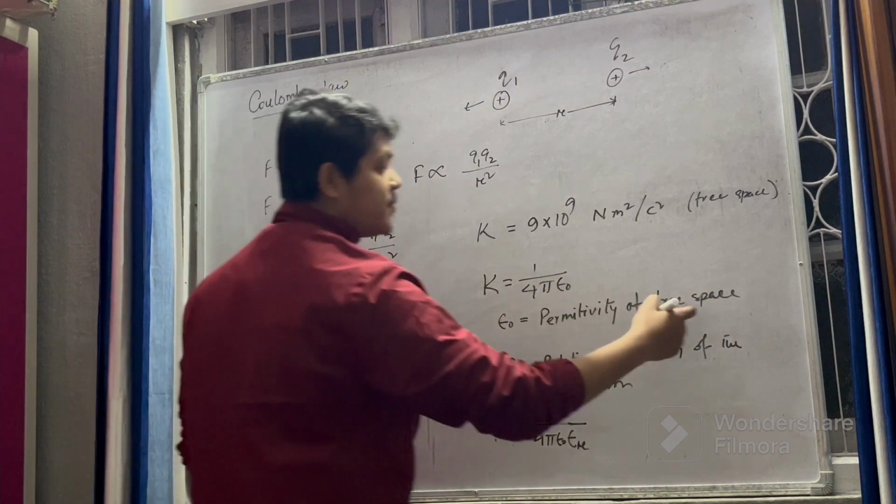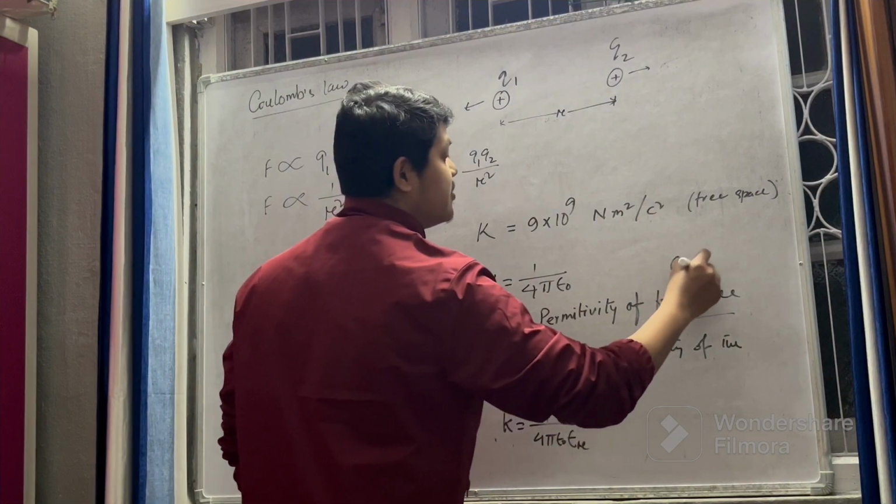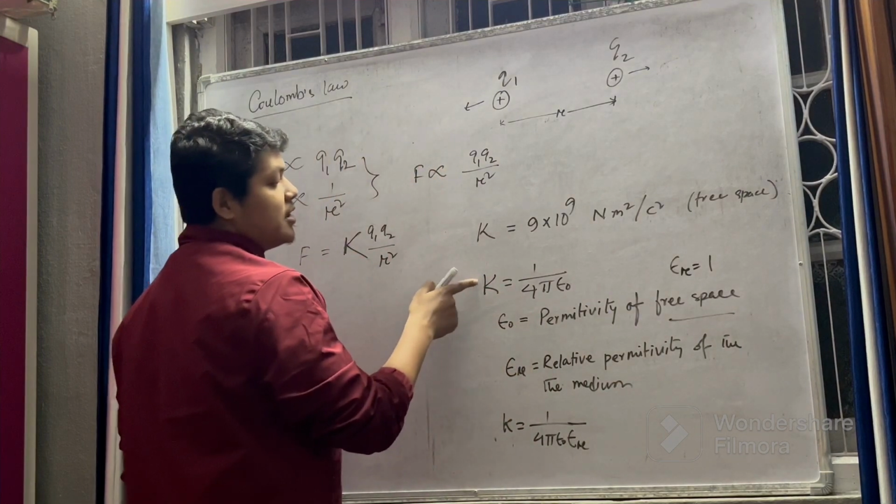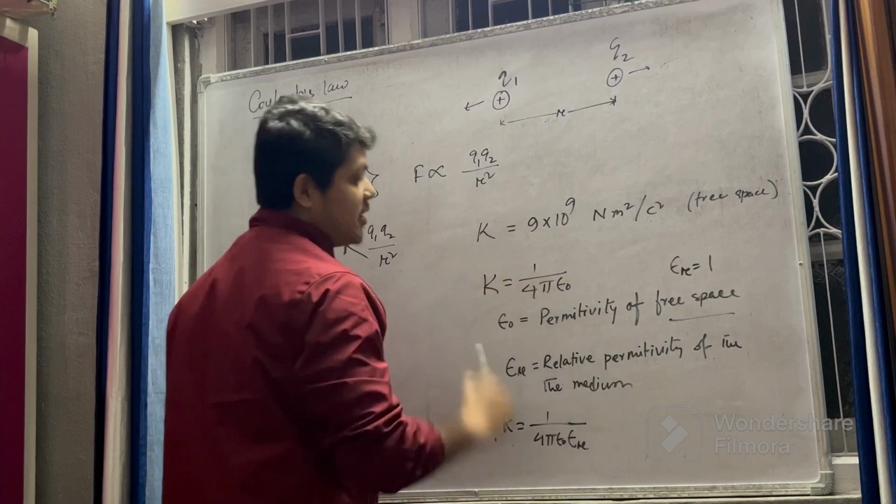For free space, the value of epsilon r is equal to 1. That is why we only write K equals 1 by 4 pi epsilon naught.